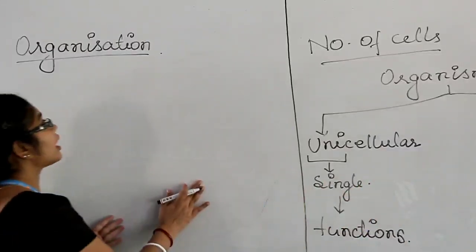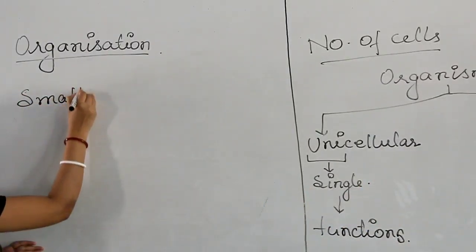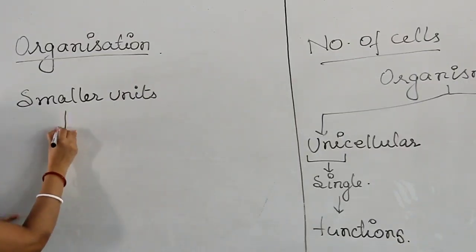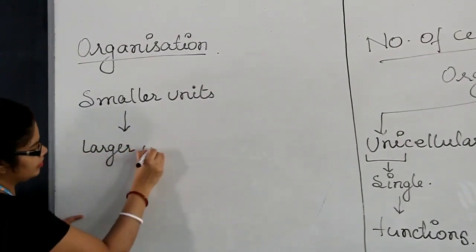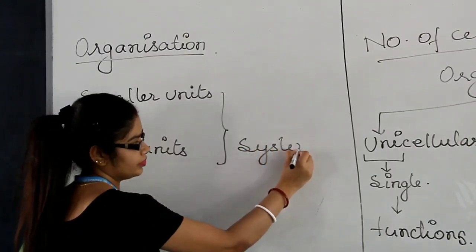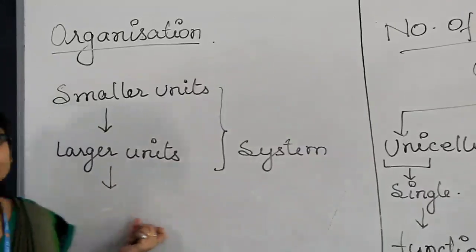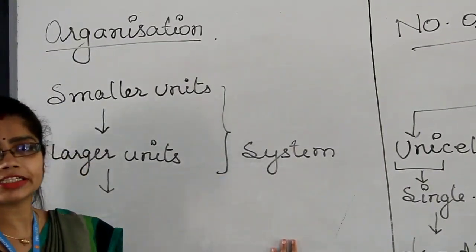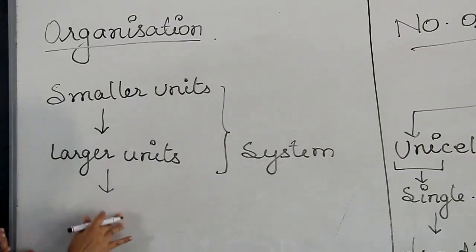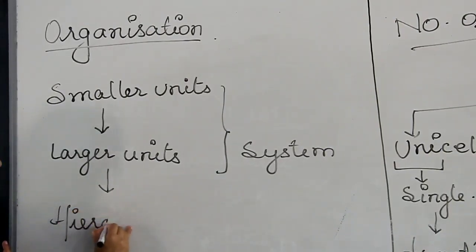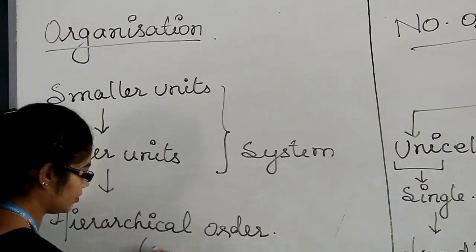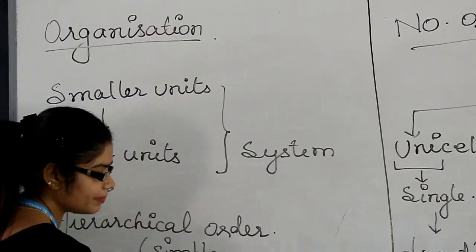So the same here, the smaller units are arranged into larger units for any system. But they will be arranged in a hierarchical fashion. This means that they will be arranged in a certain order. And in this case, the order will be from simple to complex.